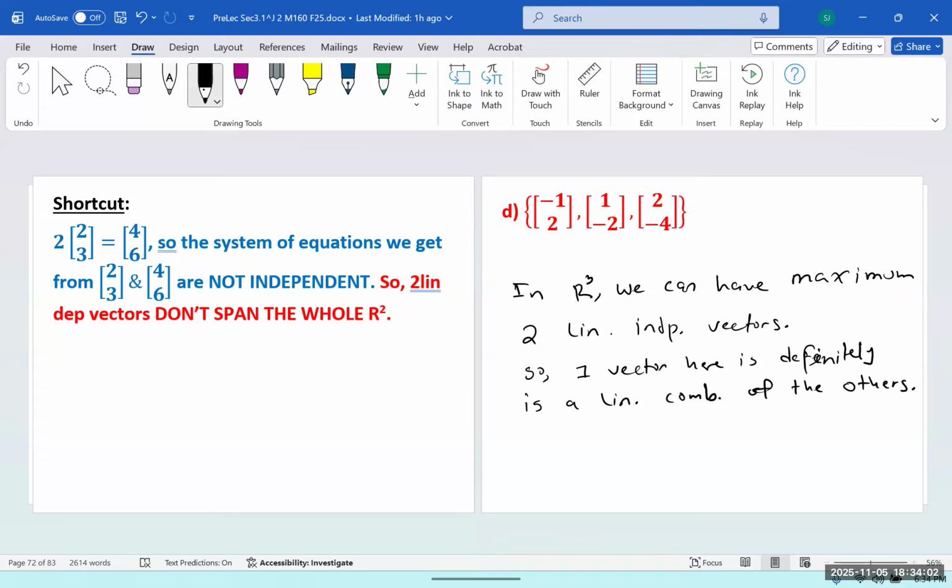But do you know at least how many independent vectors we have? Every space has at least one independent vector. So here, how many independent vectors do we have? One or two? Two dependent vectors. So how many independent? One. So this set has only one independent vector.